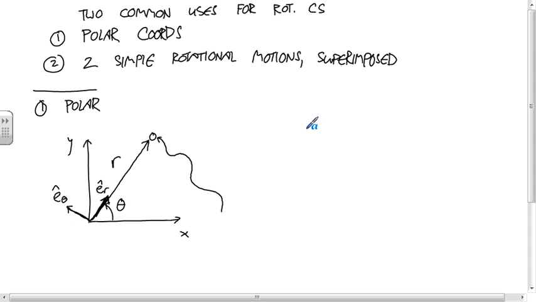And then in this coordinate system, the position vector is just r times e_r plus, well, all you do is go r out e_r and then you're there, so 0 e_theta. Or in other words, you can think of it as the vector (r, 0).